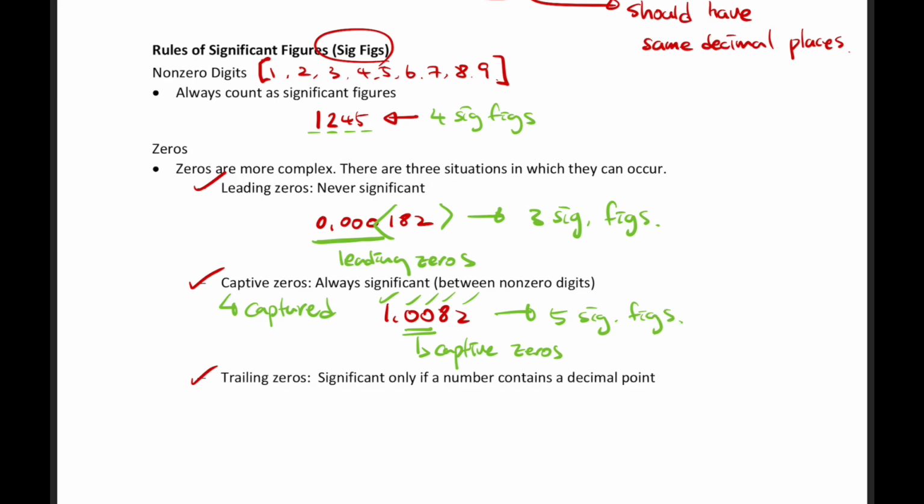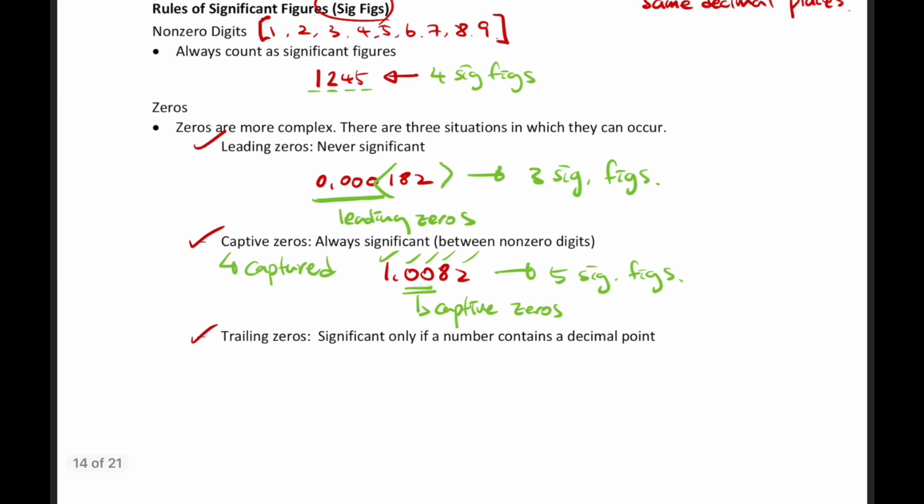Okay, then let's look at the trailing zero case. Trailing zeros are a little bit different. When you have trailing zeros such as 1200, since there's nothing to capture these zeros, these are called trailing zeros, and we don't count them as sig figs. So in this case, we have only two sig figs.